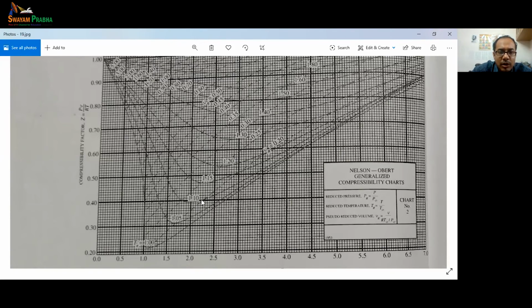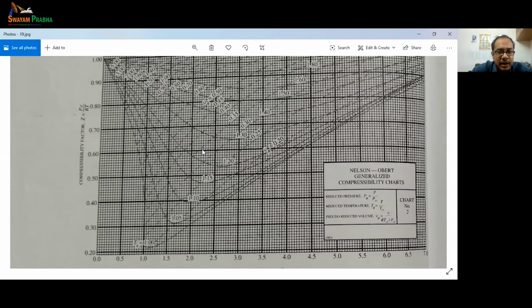And TR is 1.22, so again it will be somewhere between 1.2 and 1.3. So you have to read the exact value. You have to interpolate, of course, and use your judgment. It cannot be 100% accurate, but in this ballpark you need to find the ZR.